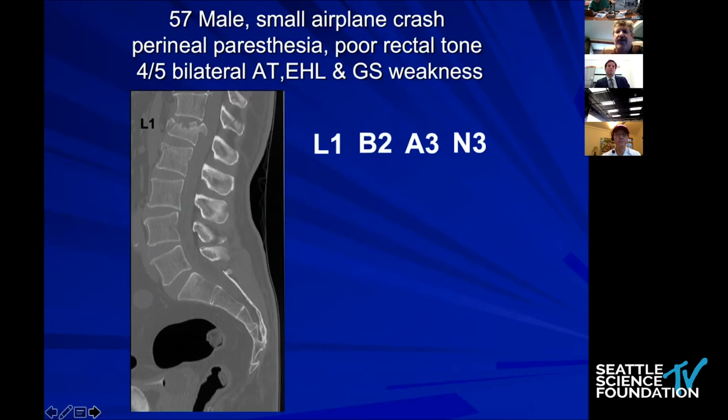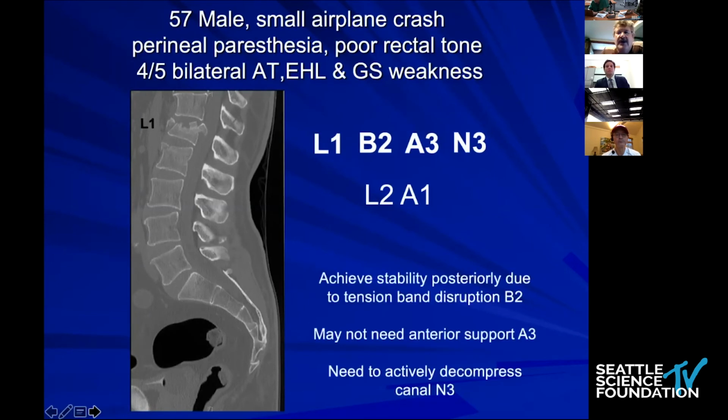And it's an N3. It has a conus level injury that's incomplete. But we can also make note of the fracture below, which may change treatment, by saying we also have an L2 A1 injury, or a simple compression at L1. So suddenly, if you said that, you could get a very clear picture of this injury.